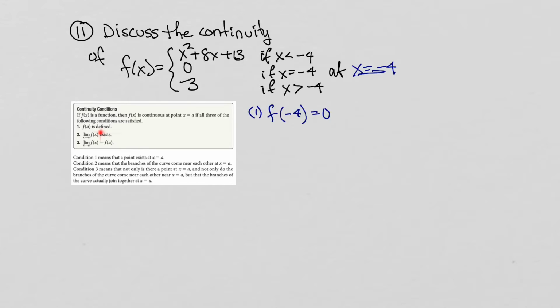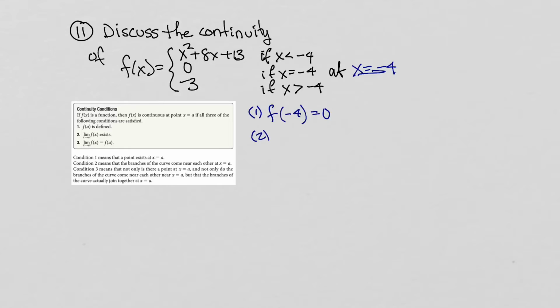Now condition 2, we want to explore the limit to see if the limit exists. So let's look at -4 here and see what happens as we approach -4. We can approach from the left, below -4, and we can approach from the right, above -4.